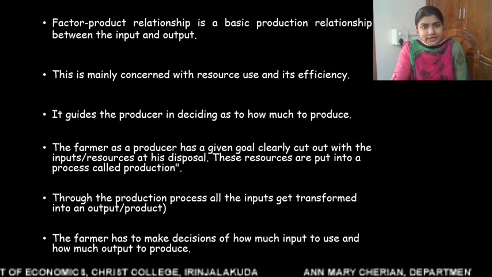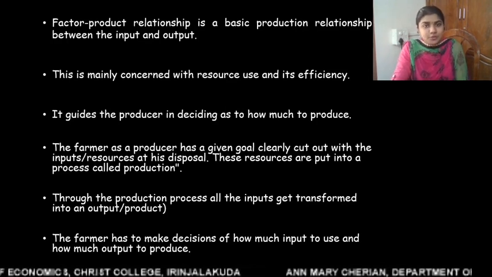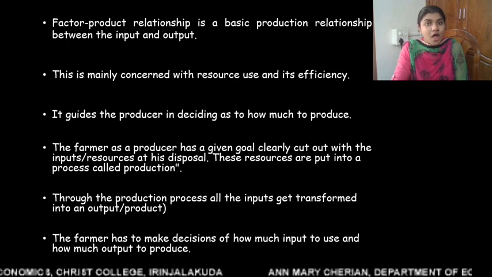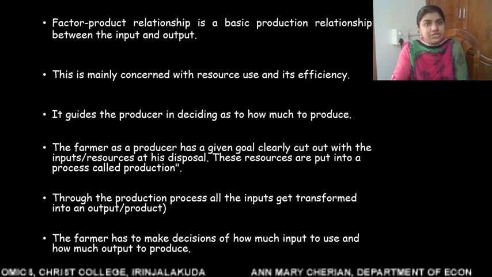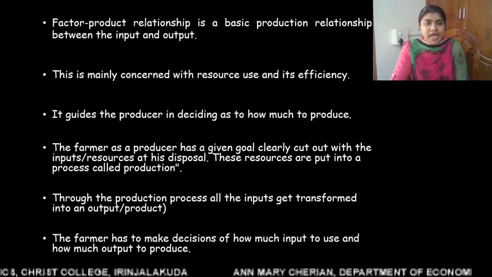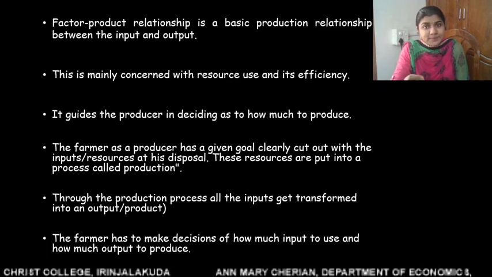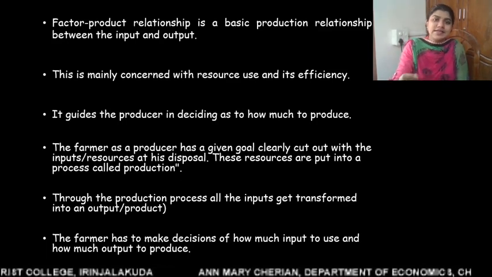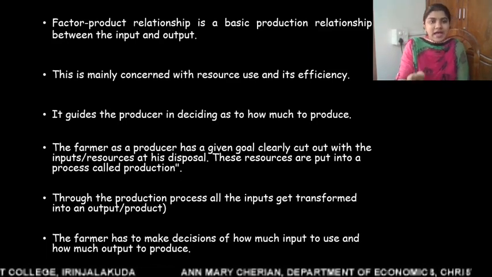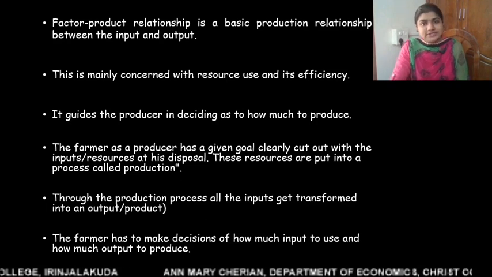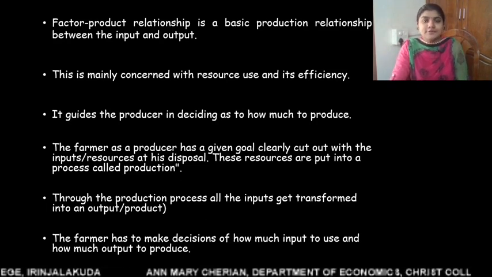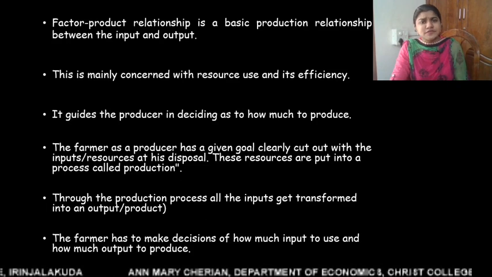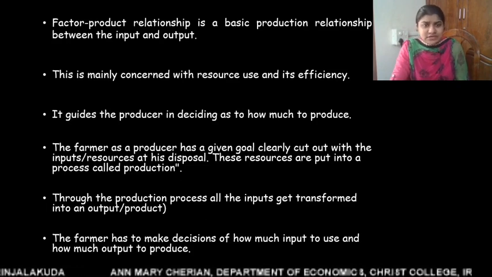So here farmers have to decide how much to produce and how much input should be used. These are basic production questions, and they are answered with the help of factor product relationship. So factor product relationship is very essential.